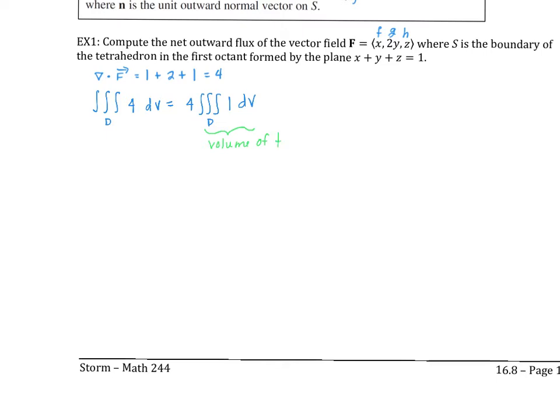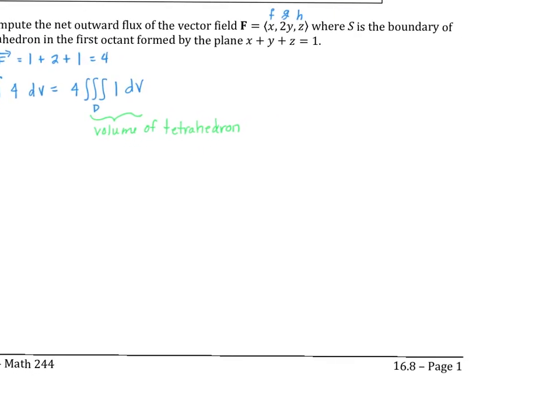If you don't know the formula for the volume of a tetrahedron, it's 1/3 times the area of the base times the height. And if you don't know what a tetrahedron is, it's a pyramid-like solid where all the sides are triangular.